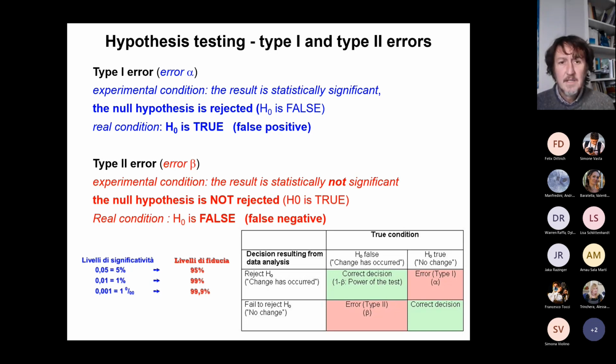The type 2 error, the beta error, is when in the experimental condition the null hypothesis is not rejected, so the null hypothesis is accepted, but the real condition shows that the null hypothesis fails. So we have a false negative. With different confidence intervals, the usual levels are 0.05 or 0.01 or 0.001, so different levels of significance.